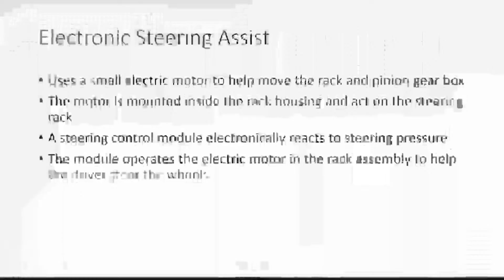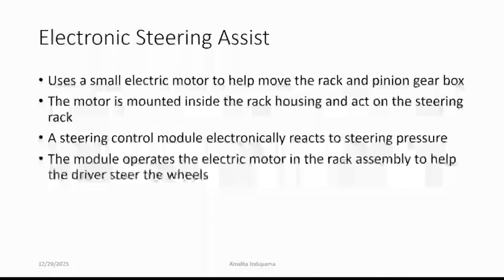Right. Then the second type, electronic steering assist, or we call it electric power steering, or simply EPS. Nowadays we don't have hydraulic based power steering systems. What we have is an electric motor assisted power steering system.